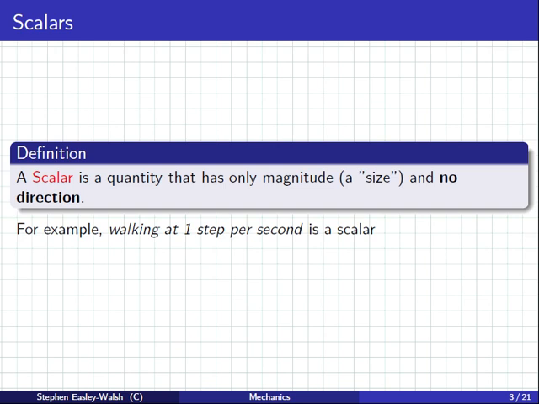What else might be a scalar? Time, yes, time's a scalar. Mass is a scalar. So in the exam, the definition usually needs 2 examples. Write down any 2 examples you want with this definition, please.